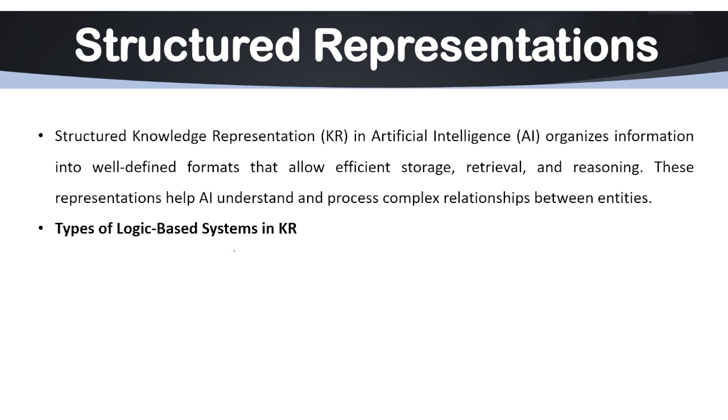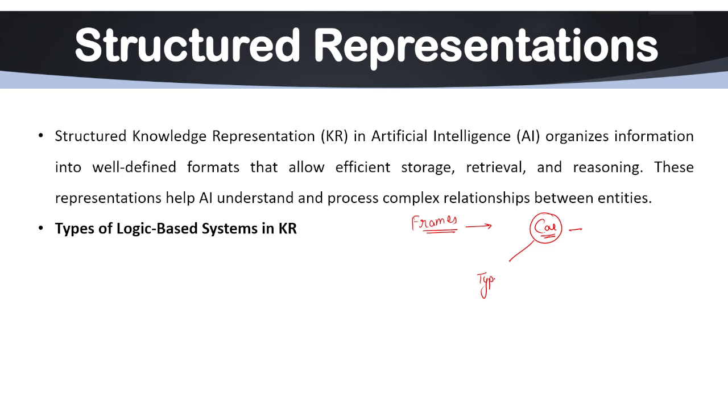Another structured representation type is frames. Clear? A structured data format representing objects and their attributes, similar to object-oriented programming. Let's take an example of a frame: a car. Here, car is a frame, and we have some properties of this frame.